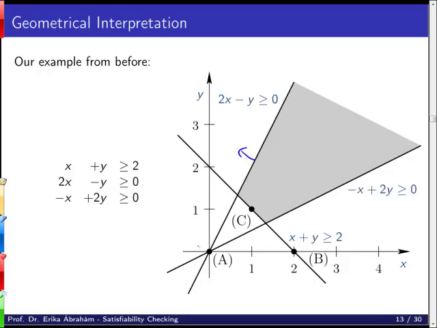So this line defines this half of the room. And for the other ones, I also have such half spaces. This is the half space for minus x plus 2y larger or equal to 0, and this one for the last one. And the common set, the set of points which satisfy all three constraints, is the intersection of these half spaces. This is the gray area.